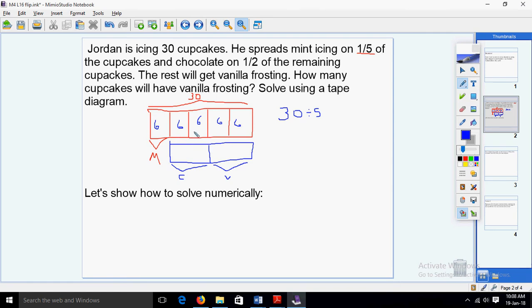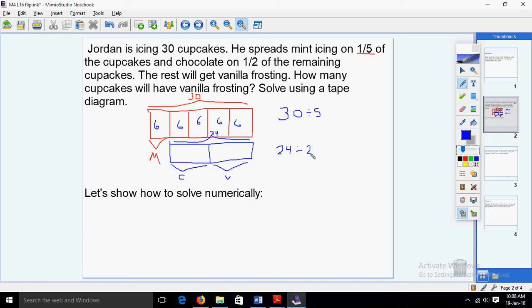So now if you notice, we can figure out what this tape diagram is because we can do 6 times 4 and we get 24. Now, I don't really have a lot of space, so I'm going to put it inside, but ignore it. It's 24. Now I can figure out what half of 24 is. I could either do 24 divided by 2 or I could do 24 times 1/2.